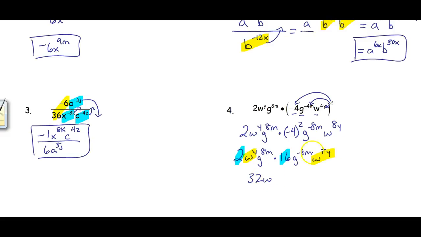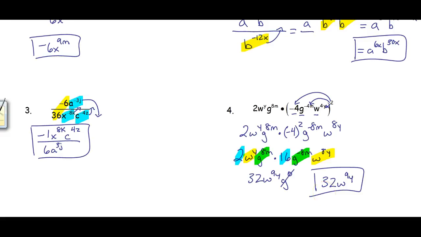So w to the 1y plus 8y is 9y. And then lastly, you have g to the 8m, g to the negative 8m. You get g to the 0. Remember, those cancel, so we are left with 32w to the 9y.